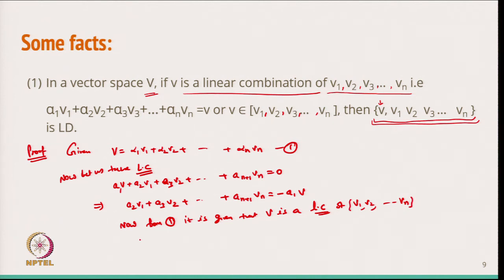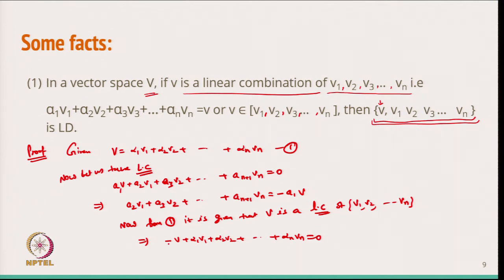So, I can write minus V plus alpha 1 V1 plus alpha 2 V2 plus up to alpha n Vn equal to 0 from 1, because I am just taking the minus 1.